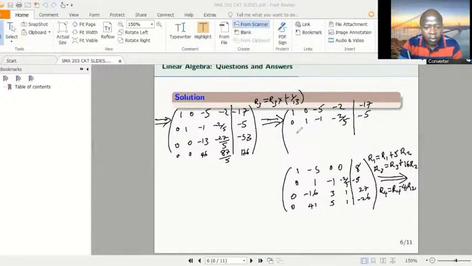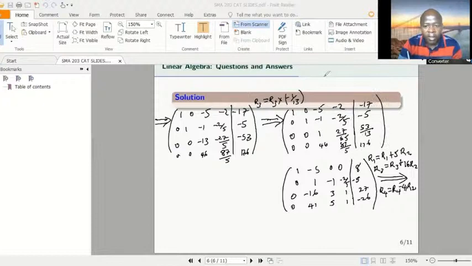Now row 3 is the one you're multiplying by negative 1 out of 13, and that gives me 0, 0, 1. And this will be 27 out of 65, and this will be 53 out of 13. And then this other row remains where it is. This is 87 out of 5, and this is 176.